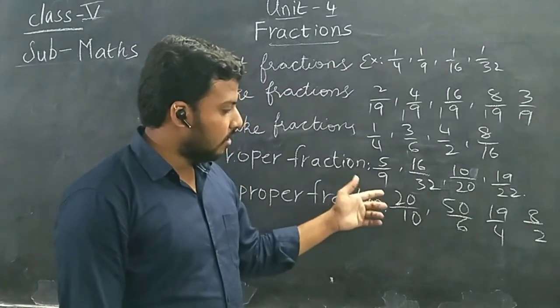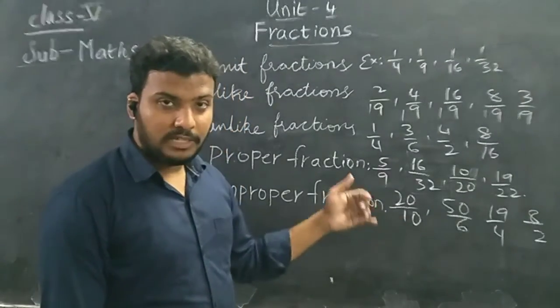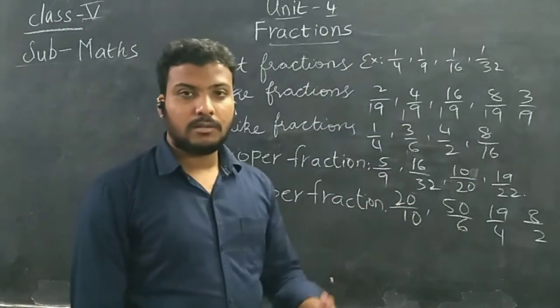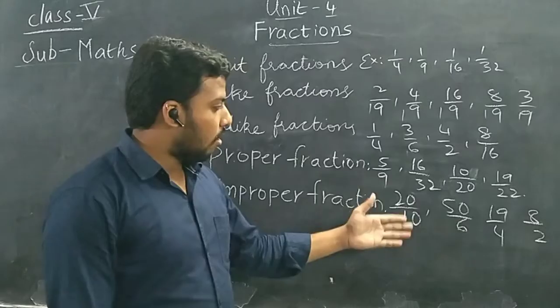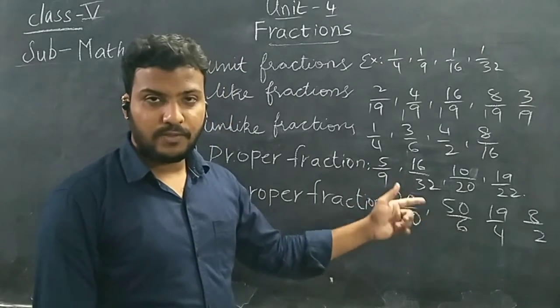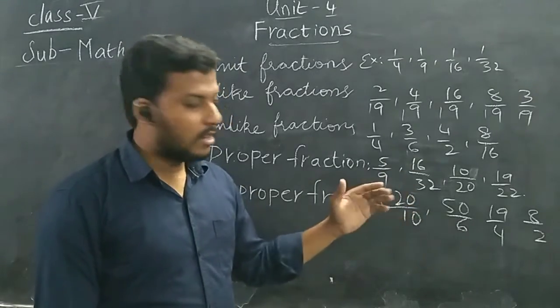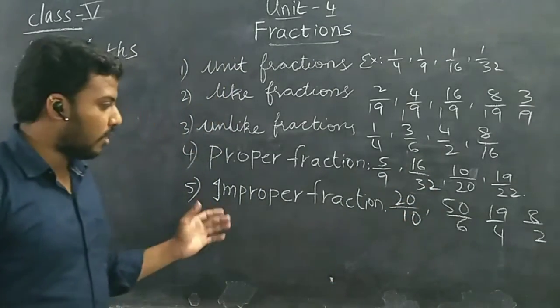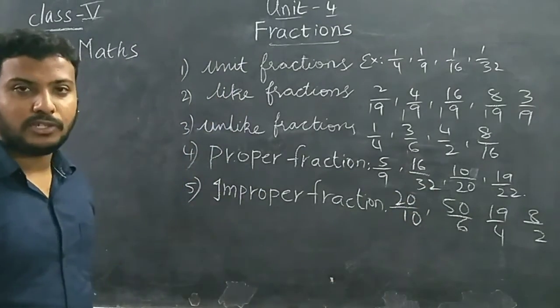See here, is 20 smaller or is it greater? It is greater. And 50 and 6, compare it. Is it small or big, children? 50 is greater when compared to 6, it is a bigger value. So this kind of fractions is called an improper fraction, children.